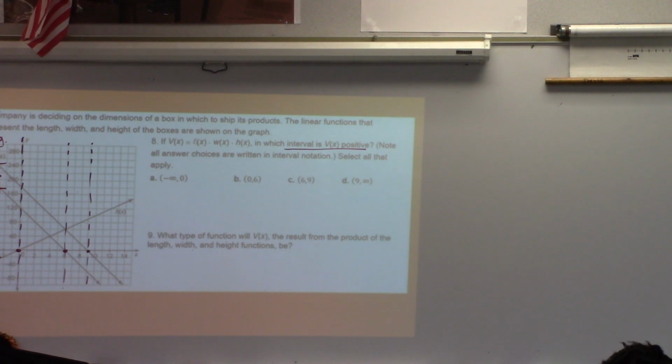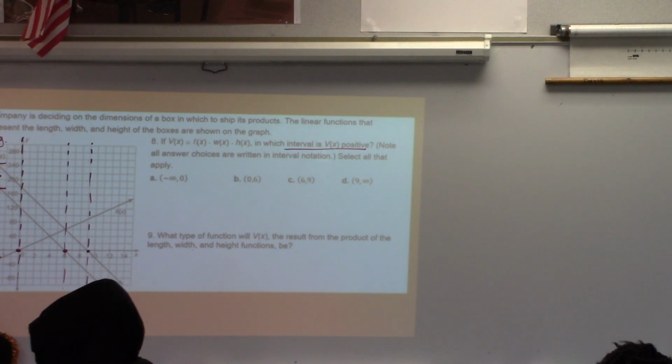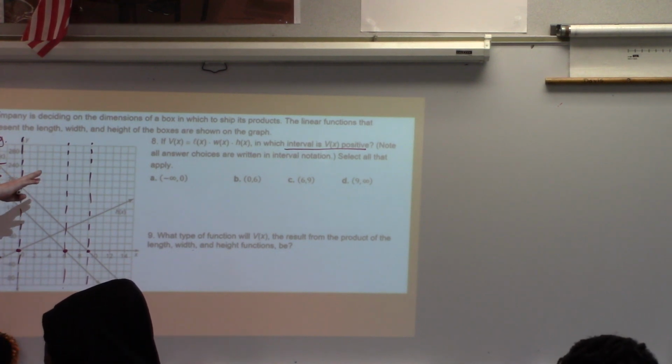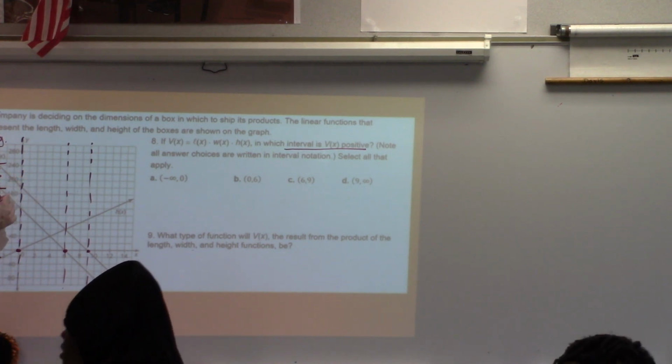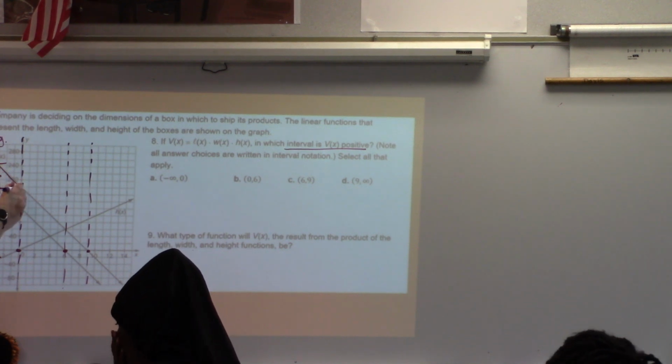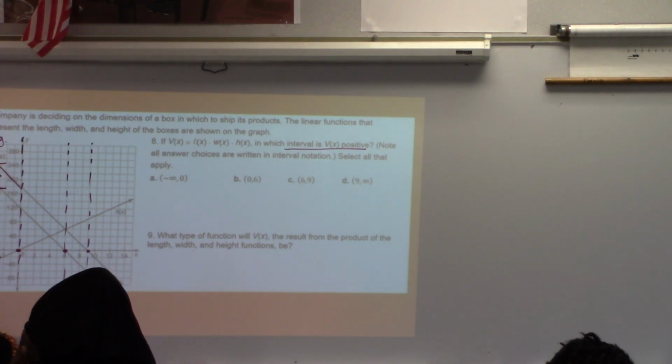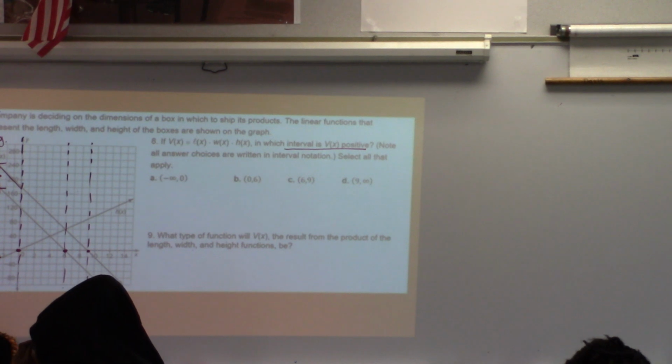Does that make sense? What do you say when you multiply it, between the different lines? Well, remember, we're trying to determine if the product, v of x, will be positive or negative. Look at this line. All of these y values, are they positive or negative? They're above the x-axis. They're positive, right? All of these y values are positive.